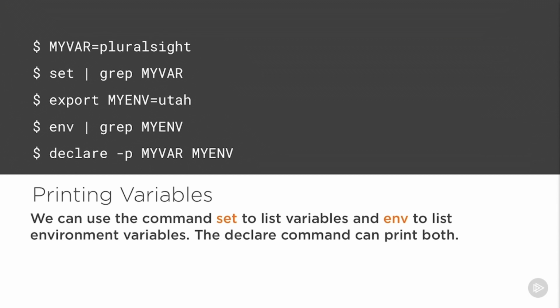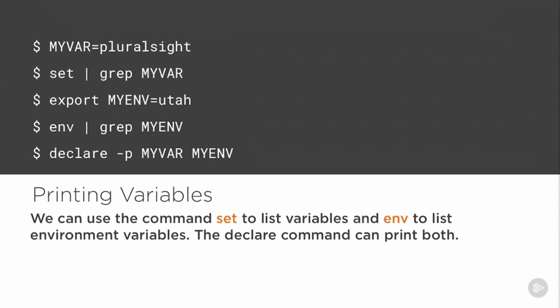But if we specify the variables that we want, so in this case it's myvar and myenv, then we only get to see those variables, and we can see by the configuration that displays whether or not they're local variables or environment variables. So all of the information is available to us through a far more simple procedure.